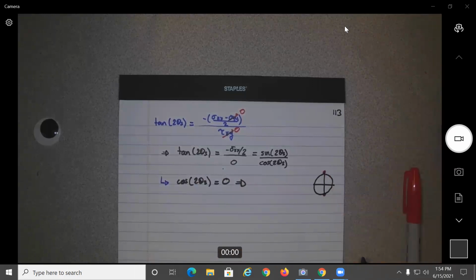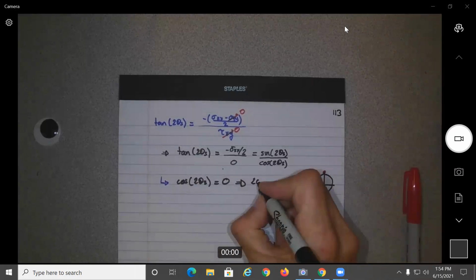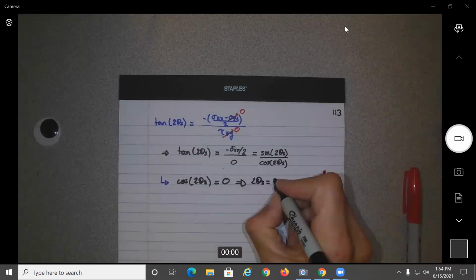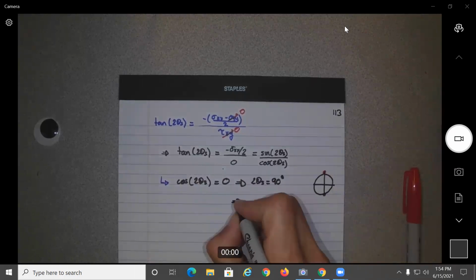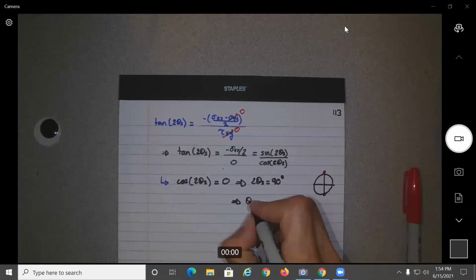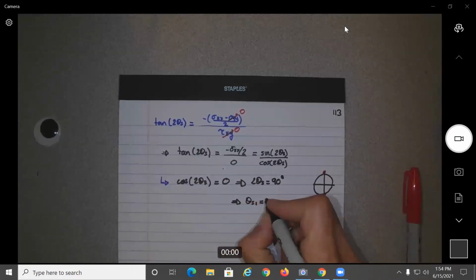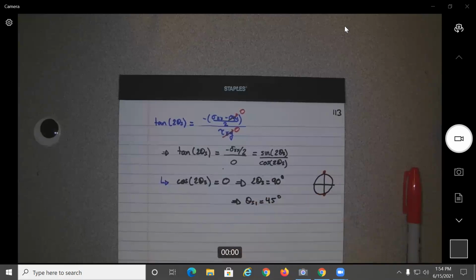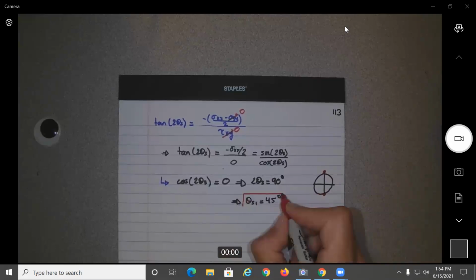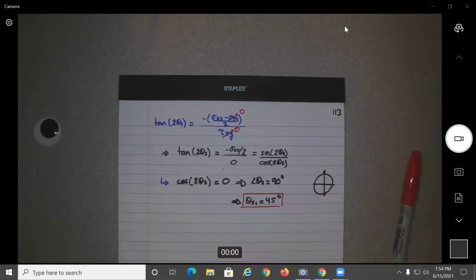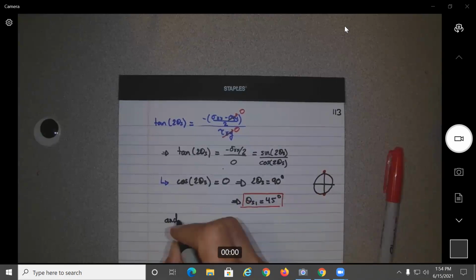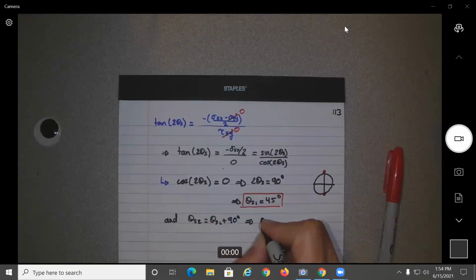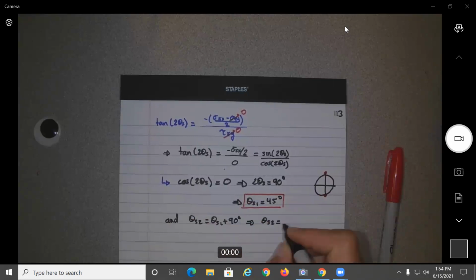So that means we need to have 2 theta s equal to 90 degrees, which gives us the first angle equal to 45. And then the second angle should just be the first one plus 90, so that gives us 135.